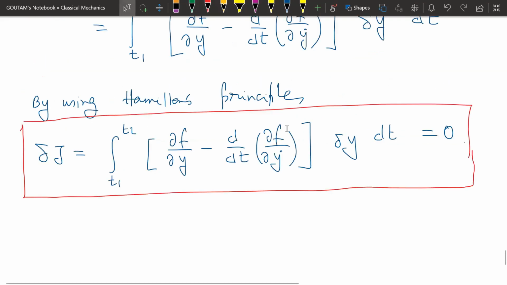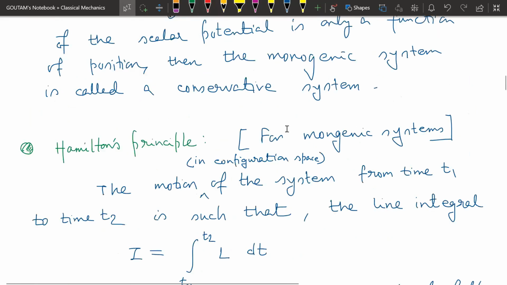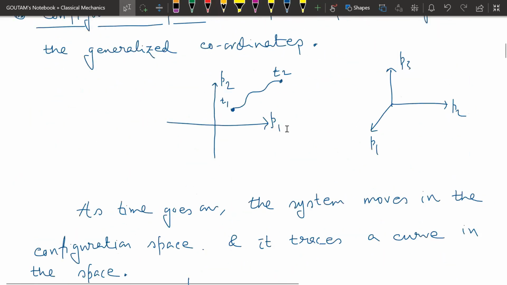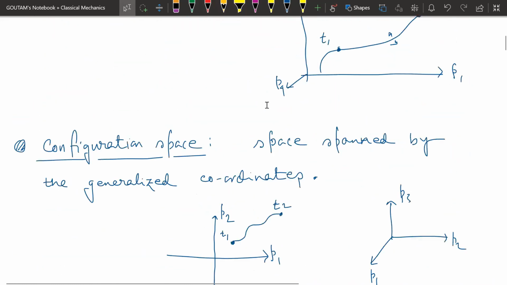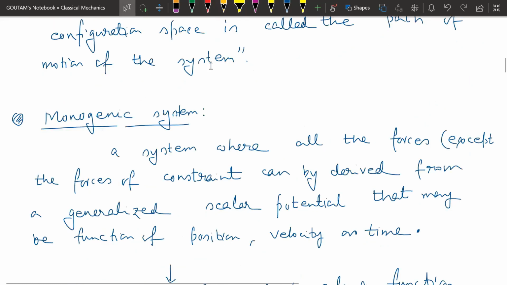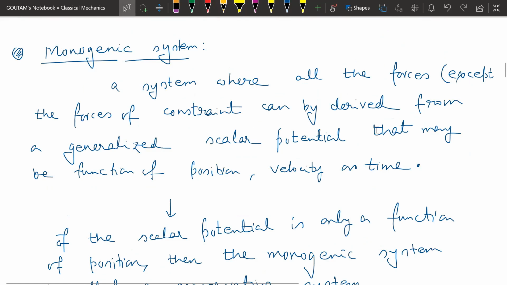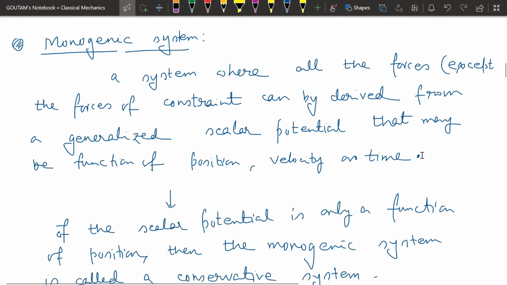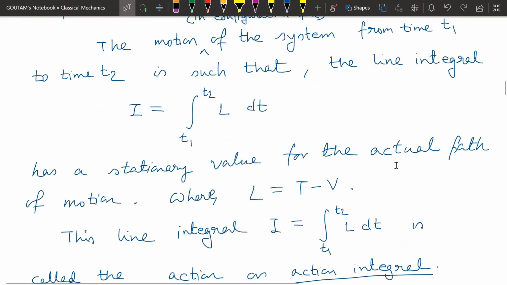Okay, so that's all for today. Today we discussed Hamilton's principle. We defined what is configuration space. We defined this integral principle. We defined the monogenic systems, systems where the potential can be a function of position, velocity, and time. And we defined Hamilton's principle, which is applicable for any kind of monogenic systems.